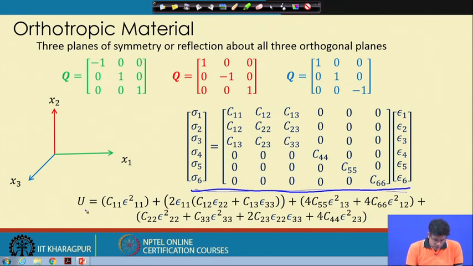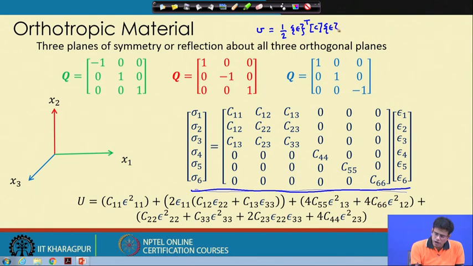Now, the strain energy density, which we know from our previous module, can be represented as half of the strain vector transpose C epsilon.